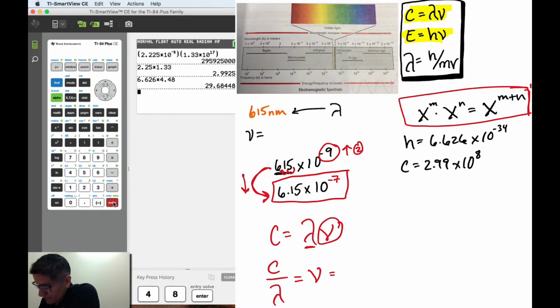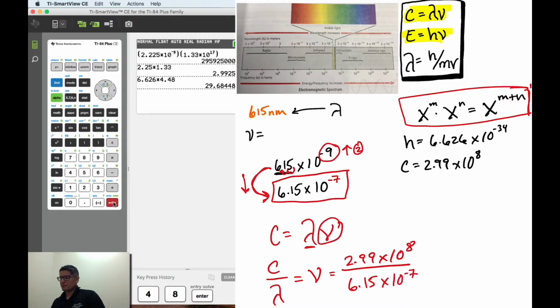Okay, so I need to replace my variables with my numbers, 2.99 times 10 to the 8th divided by 6.15 times 10 to the negative 7. So now I'm actually dividing numbers, not multiplying them out. So the easiest part first to focus on is this number here divided by that.